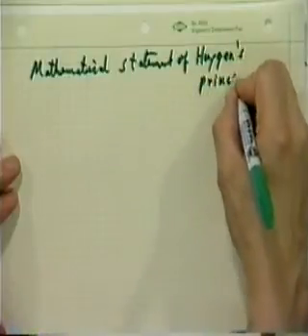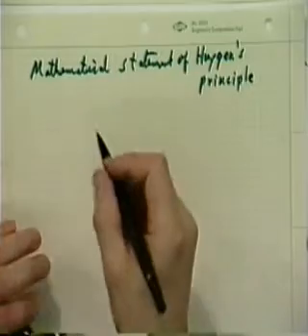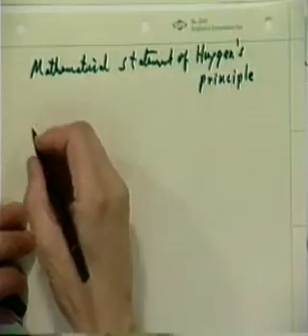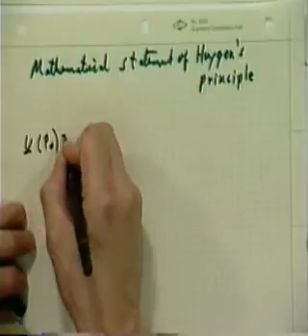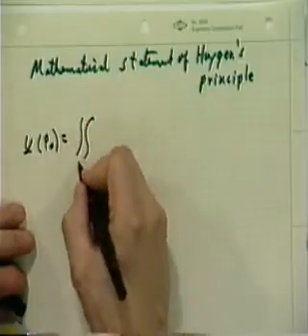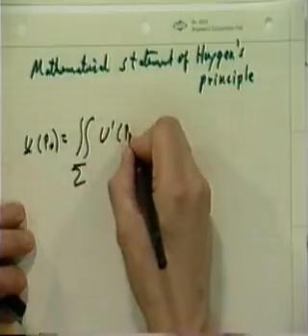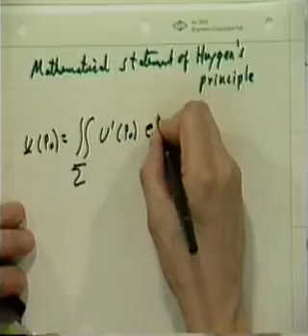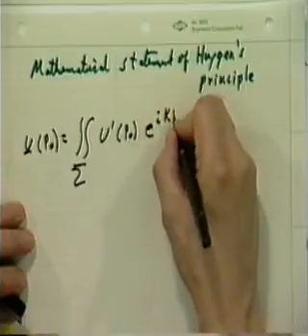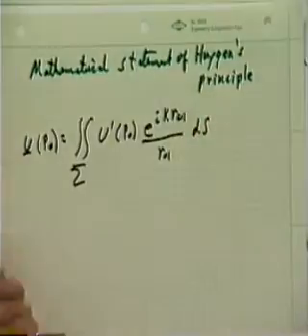And we'll rewrite this, and then you'll see what I'm talking about. So this mess that we had up here, we can rewrite as U of P0 is equal to the integral over this aperture of U prime of P0, we'll worry about what that is in a second, e to the ikr01 over r01 ds.